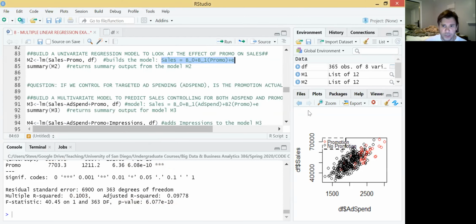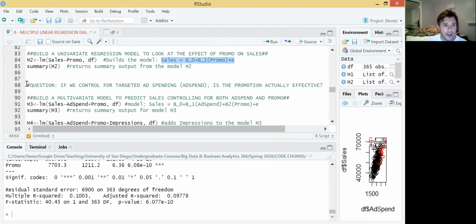So the next question we're going to ask ourselves is, if we controlled for targeted ad spending, is the promotion actually effective? It looks like promotions cause sales to go up, ad spending causes sales to go up, but promotion and ad spending could be correlated to each other, and they may interact.